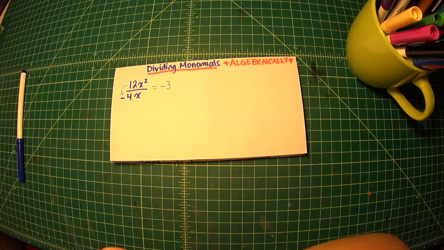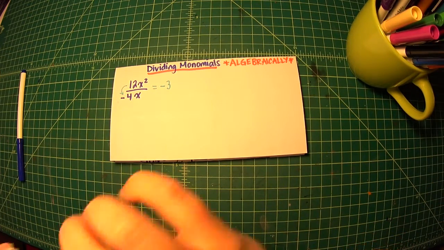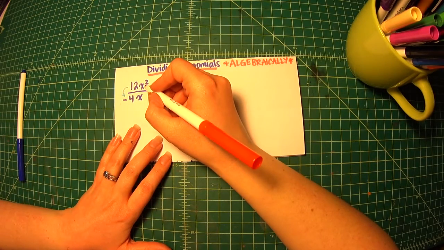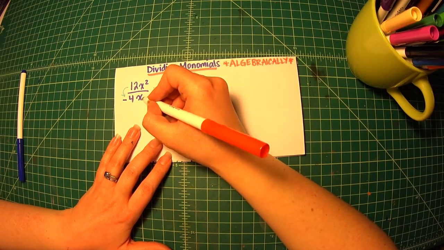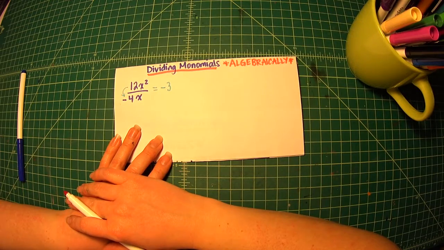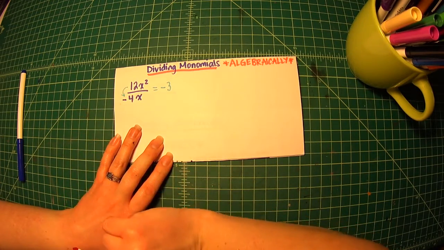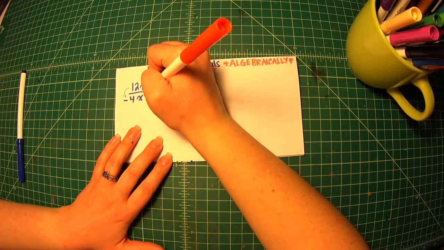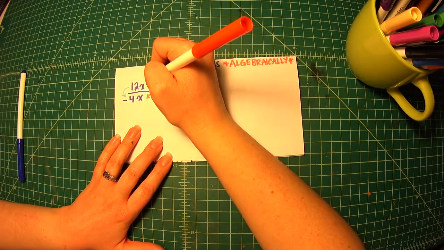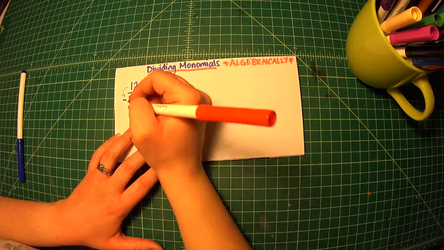Now, on to the variable. So this time, unlike multiplying, where we combine the variables, we are actually going to subtract or cancel the variables. So what we have here is x squared divided by x.